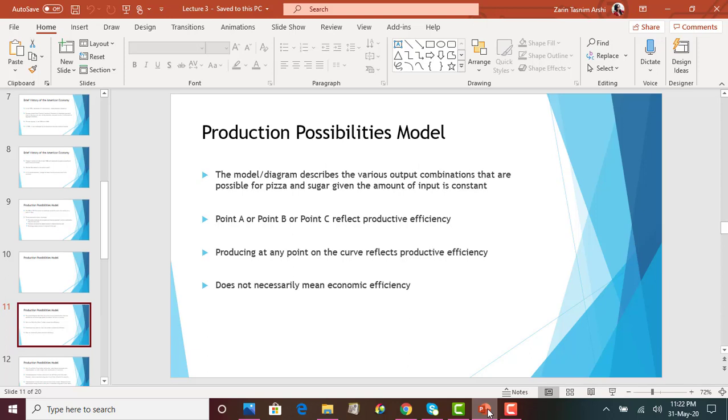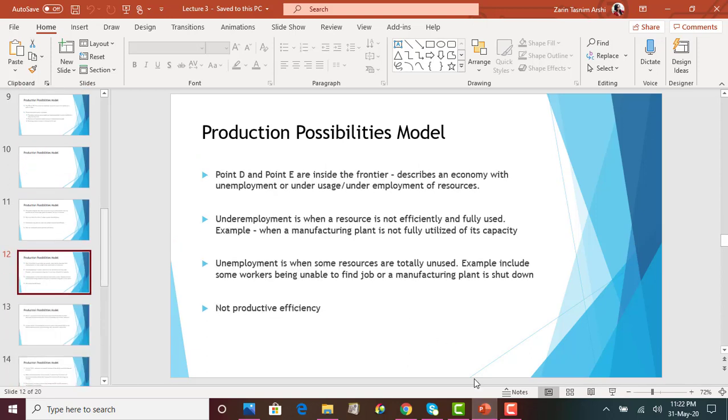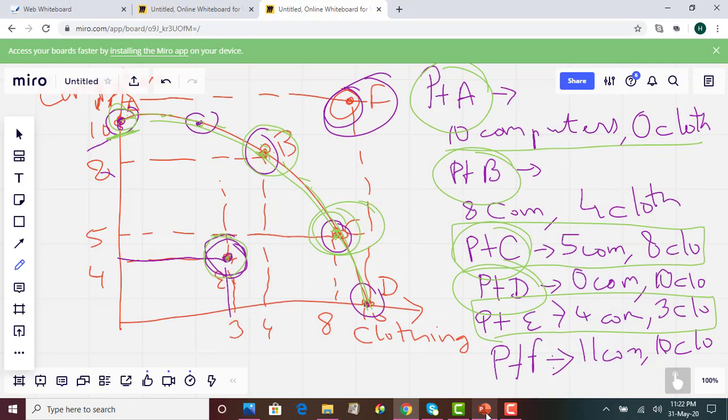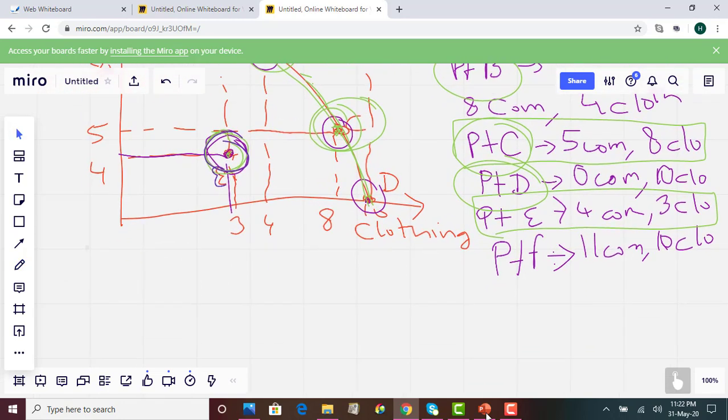The second thing you need to know is to look at point E. What does point E represent? Point E represents inefficiency.